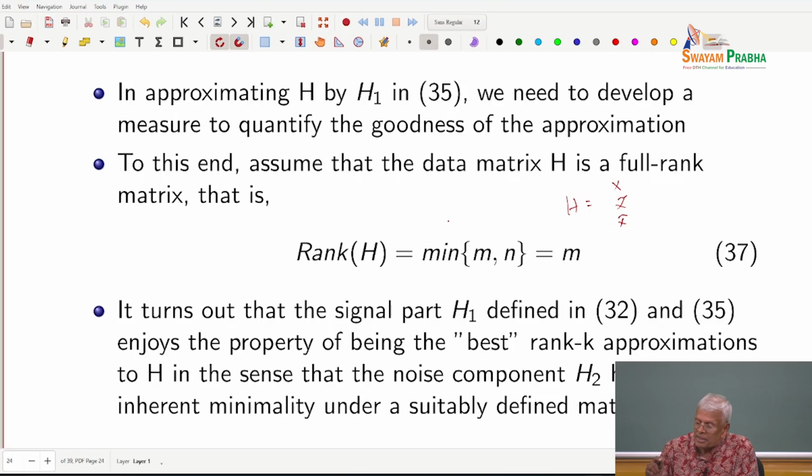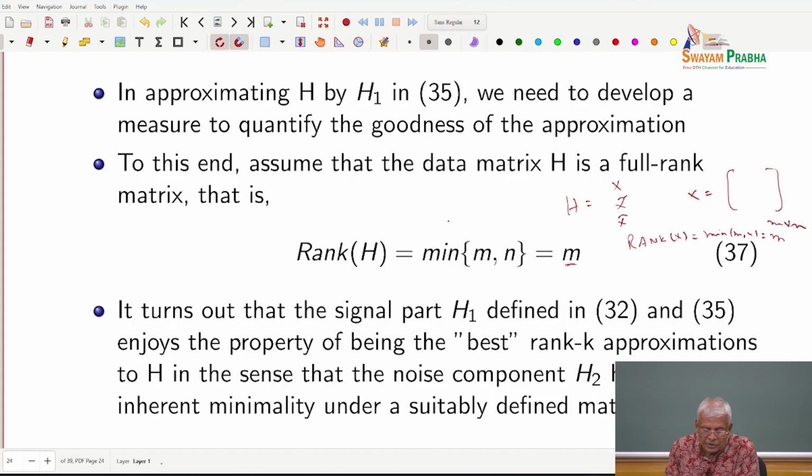So if the data matrix X is an m by n matrix and a full rank matrix, the rank of H, the rank of X, is equal to the minimum of m and n, which is equal to m in this case, because m is less than n.